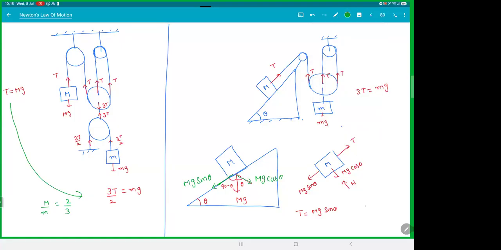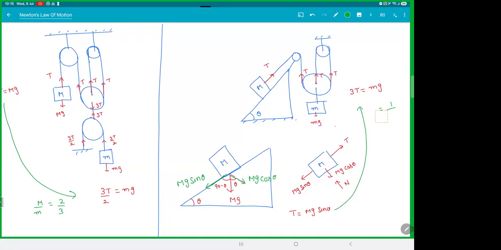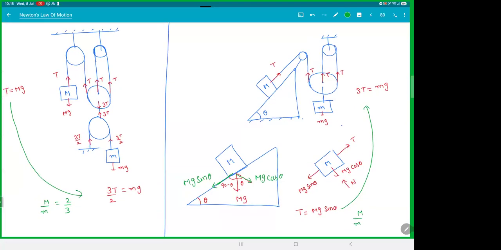Just divide them. You end up with, solve these two, capital M by small m will be 1 by 3 sine theta. Clear with this? Easy.